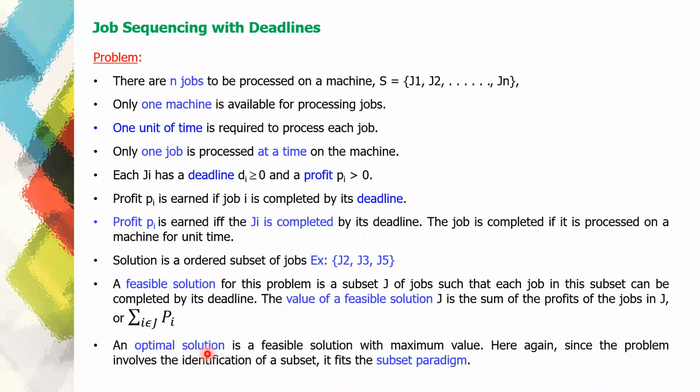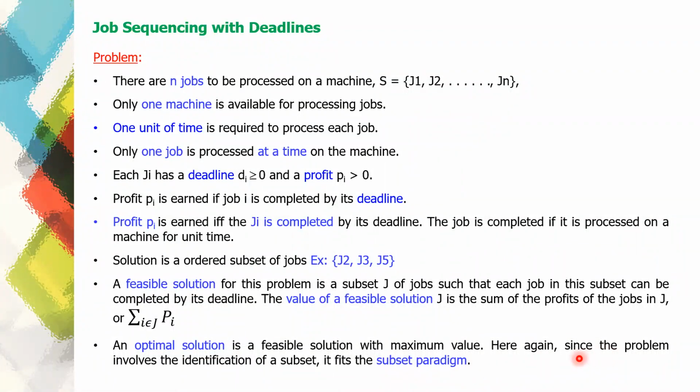And again, as I have said in the previous session, greedy approaches are of two types: subset paradigm and ordering paradigm. Now we are discussing problems that fit into subset paradigm. What kinds of problems fit into this subset paradigm?